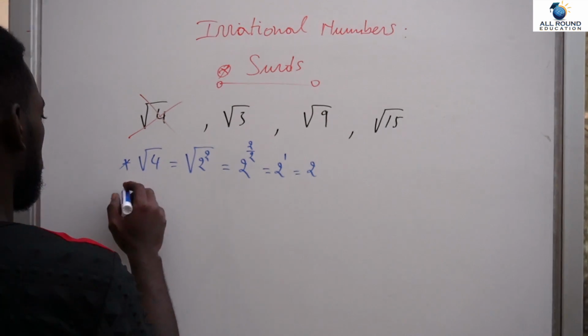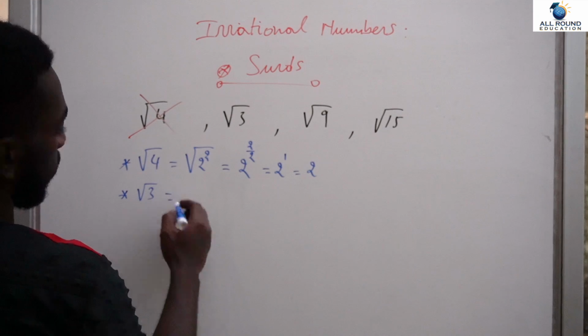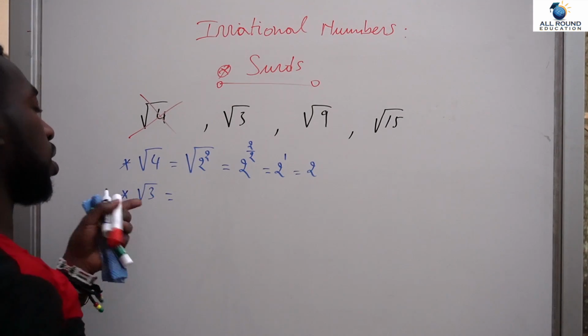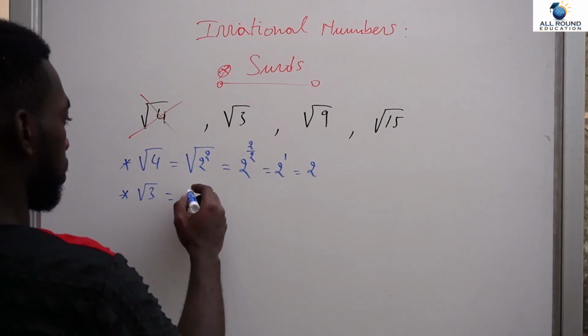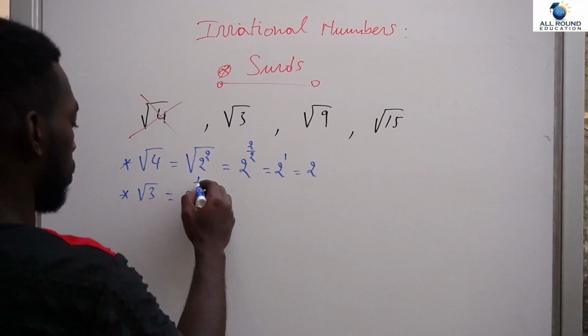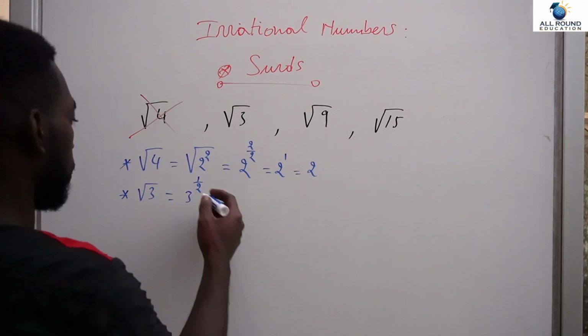Now let's go to the next one. Square root of 3. What number can we square to get 3? No, there is none, right? So this is the same as 3 to the power of 1 over 2.